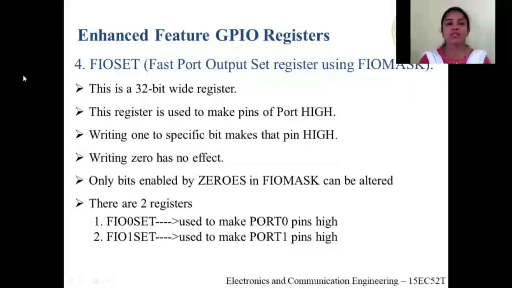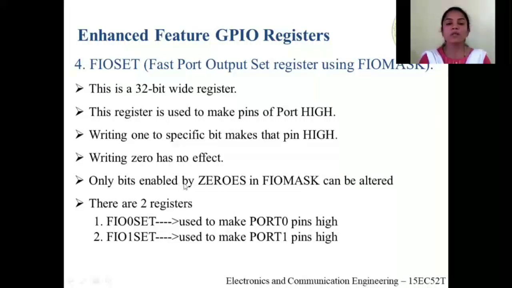Again, before using the FIO set register on port pins, those port pins have to be configured to 0 by using the FIO mask register. This register is used to make the pins of the port high. Writing 1 to a specific bit makes that pin high. If you want to set logic 1 on that pin, you have to set value 1 by using the FIO set register. Writing 0 has no effect.